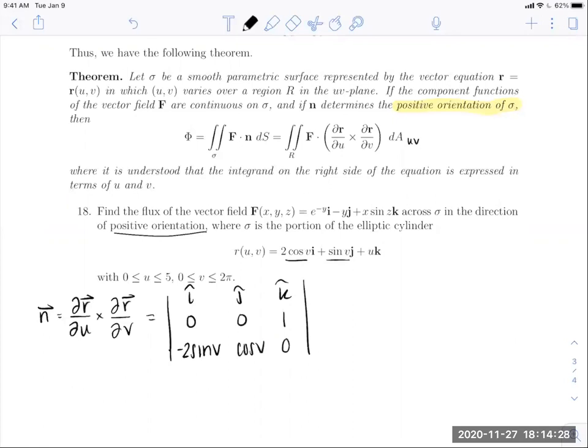So let's compute this cross product. In the i hat component, if we strike through that row, we get 0 minus cosine v. So a negative cosine v. All right, next I'm going to write my negative here just so that I don't forget it.